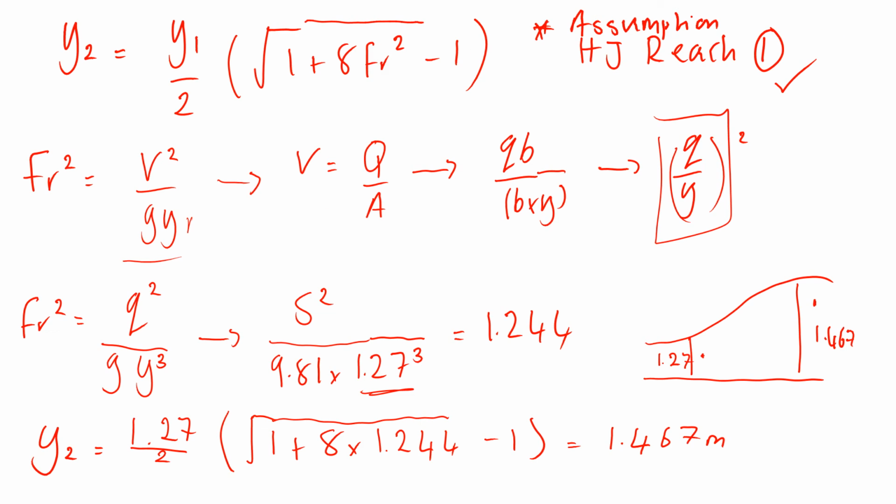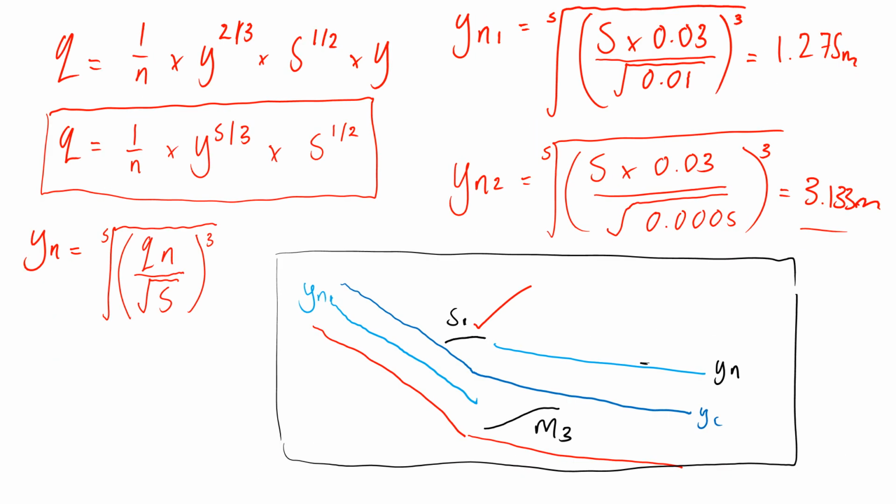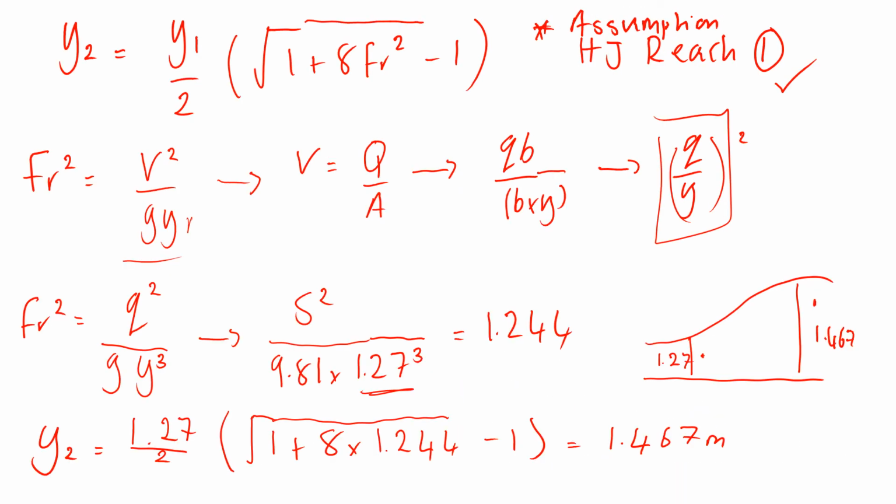That would then give you 8 full marks: writing down the equation for the hydraulic jump, writing down what your assumption is, calculating the Froude number using the parameters that are given, using the correct y1 value, putting the values back into the hydraulic jump equation, and then calculating y2.